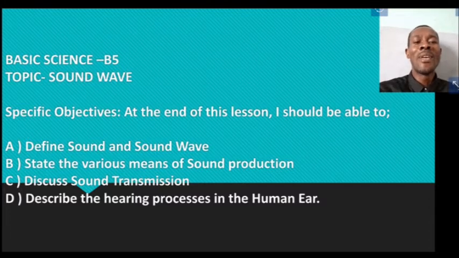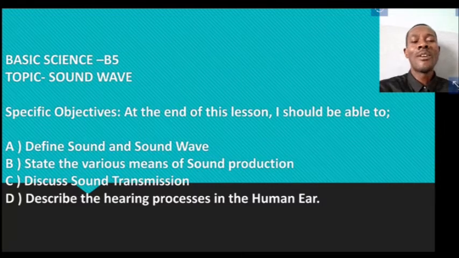And we are going to be treating the following specific objectives as we go forward. First and foremost, in our specific objectives, at the end of this lesson, I should be able to define sound and sound wave, state the various means of sound production, discuss sound transmission, and describe the hearing processes in the human ear.